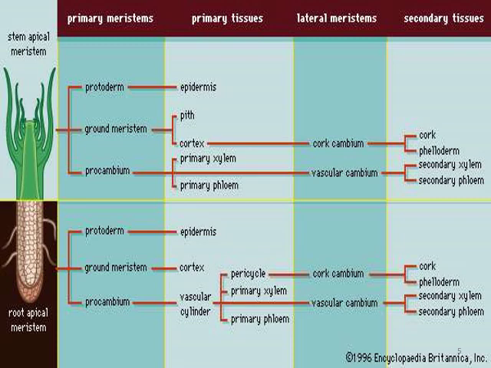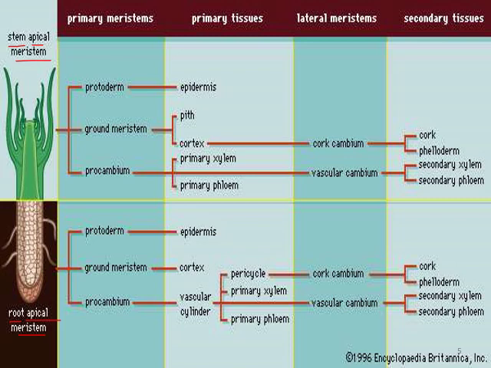So here in this slide that indicates the schematic origin of different tissues in plants. So here, first of all, we have the stem, and here we have the root. The tip of the stem possesses apical meristem, and the tip of the root possesses the apical meristem.